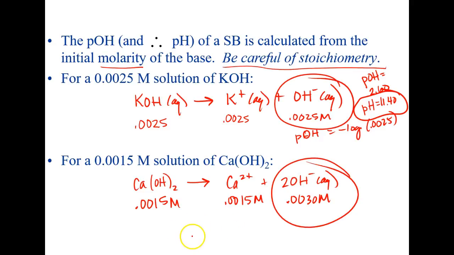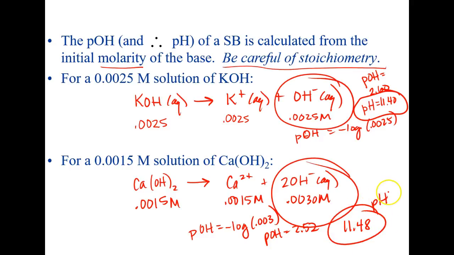Now that we have that hydroxide concentration, we can do pOH, negative log of 0.003, and that gives us a pOH of 2.52, and then if we subtract that from 14, we'd get 11.48 as a pH.